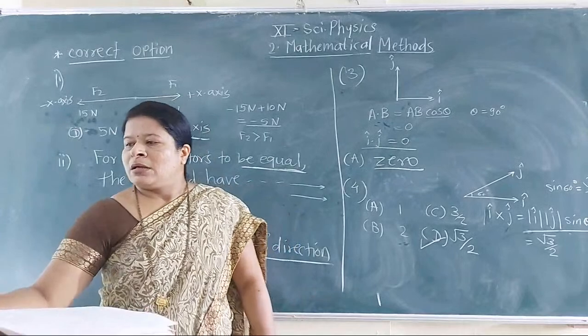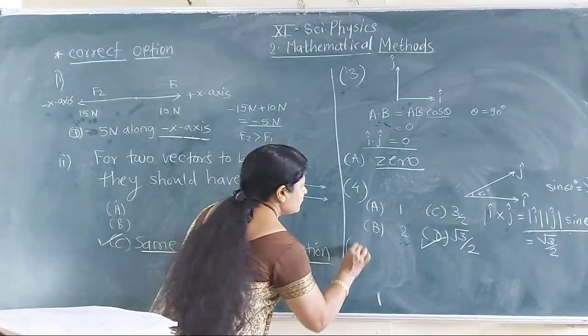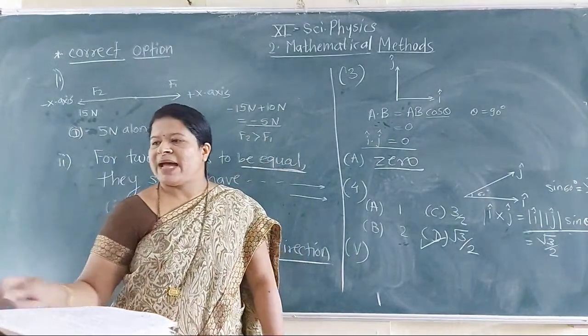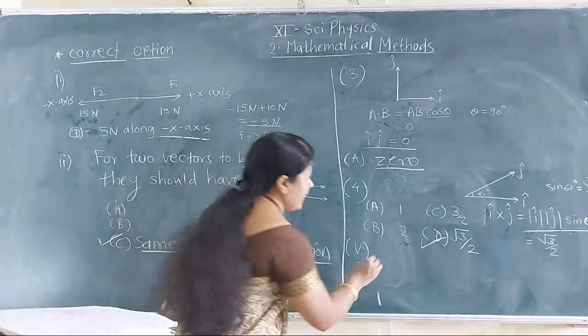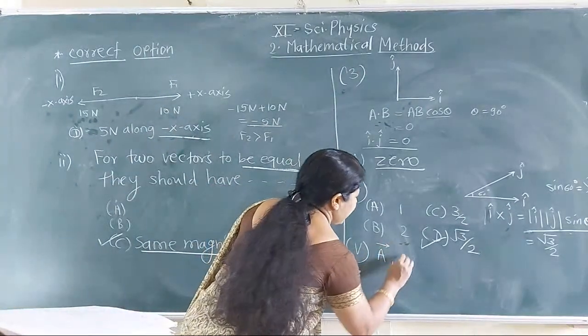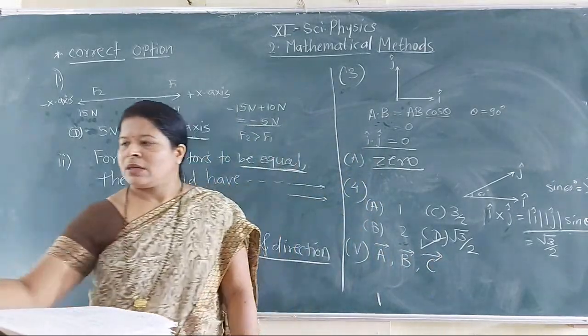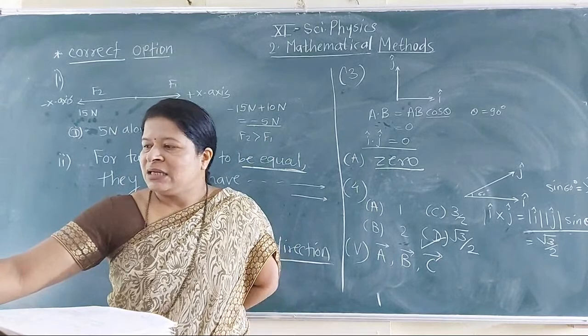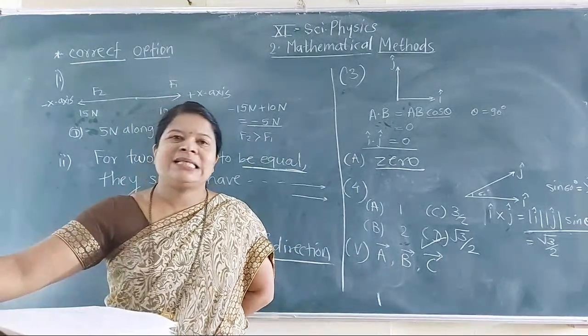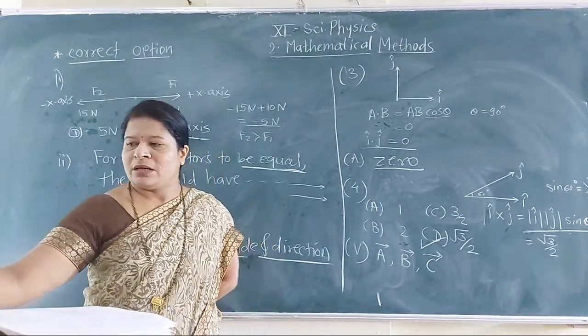Next, MCQ number 5. If vector A, vector B and vector C are three vectors, then which of the following is not correct?